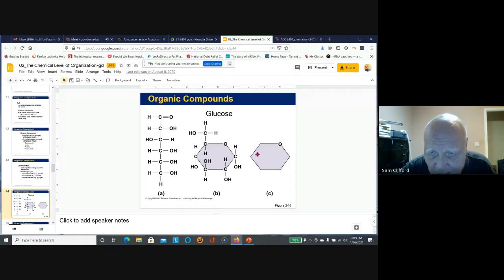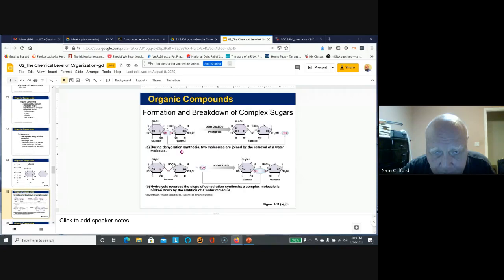Glucose is often represented as a hexagon. It's a monosaccharide. Notice it's made up of carbon, oxygen, and hydrogen. So dehydration synthesis means to put glucose and fructose together and take out water, and we form sucrose.